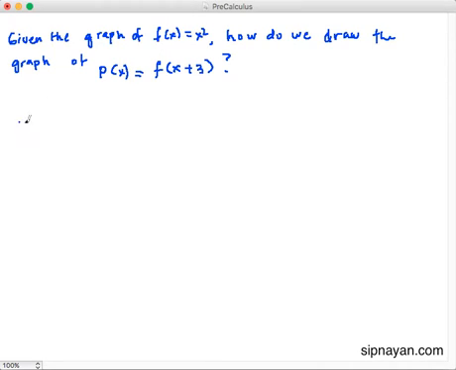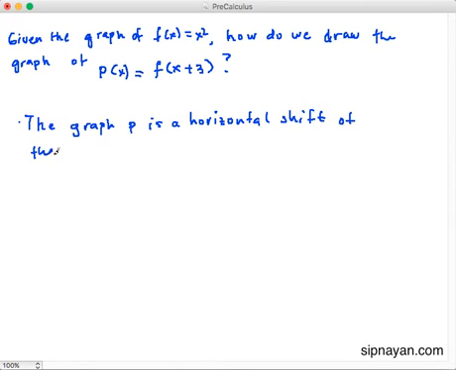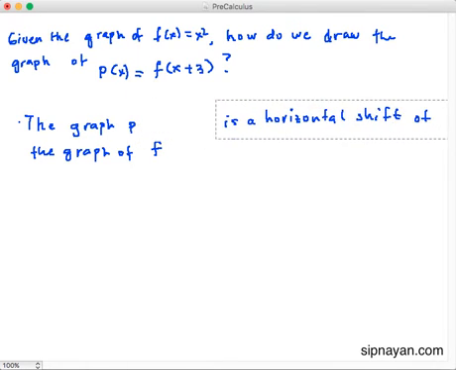So, the graph of P is a horizontal shift of the graph of F. Siguro lagay natin dito yung mismong equation para kita natin.